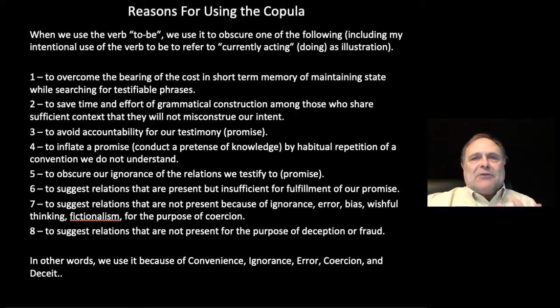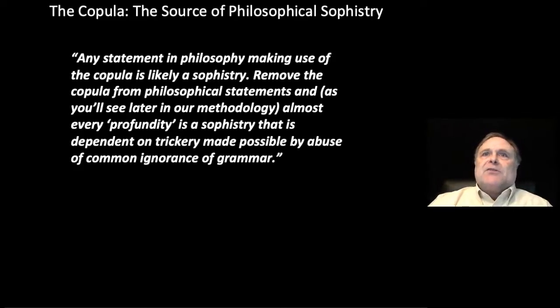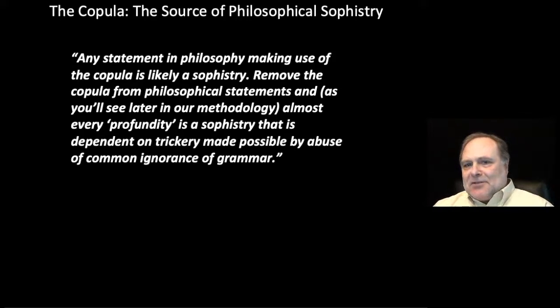It's rational that we do it, but you need to understand how to disambiguate by removing the copula, turning it into performative prose, so we can illustrate by subjective testing whether it's true or not. This is why I'm an anti-philosophy philosopher: any statement in philosophy making use of the copula is likely a sophistry.